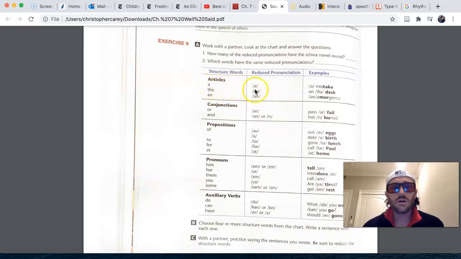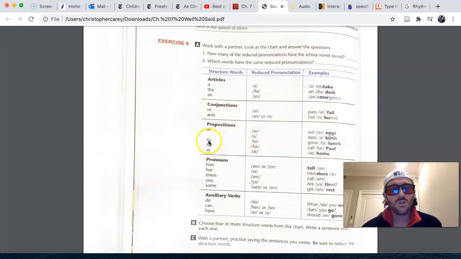The, an, or, and, or just like hot and humid. Of, out of eggs, or just.